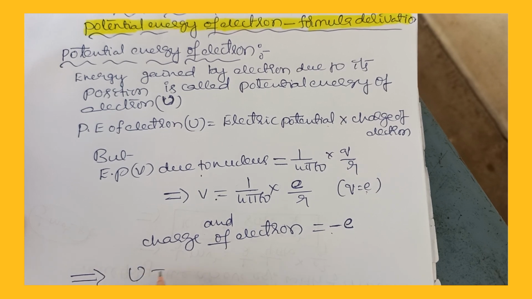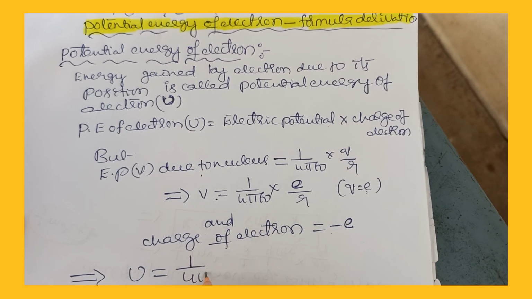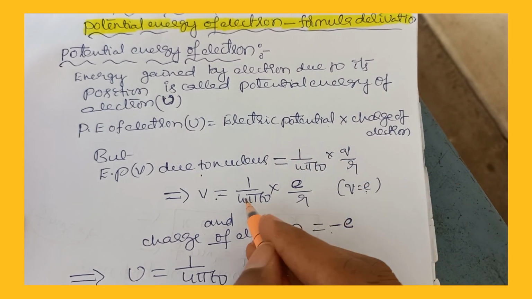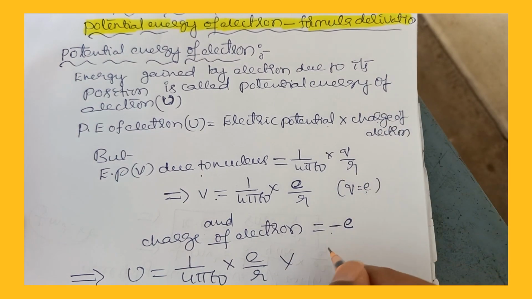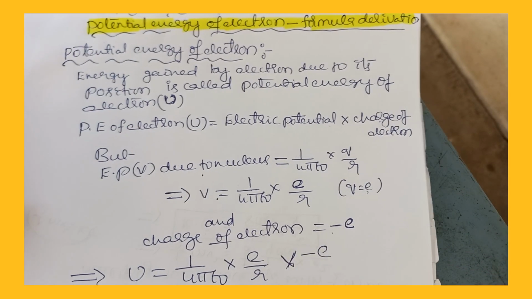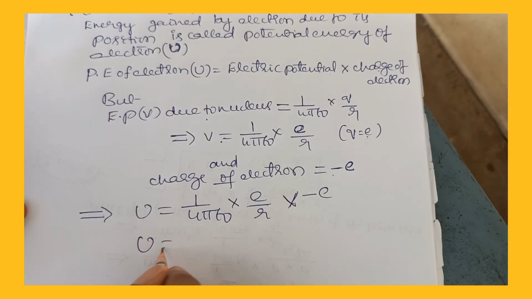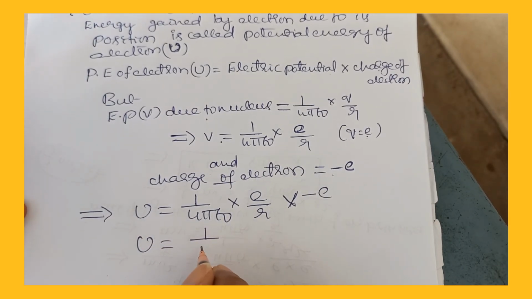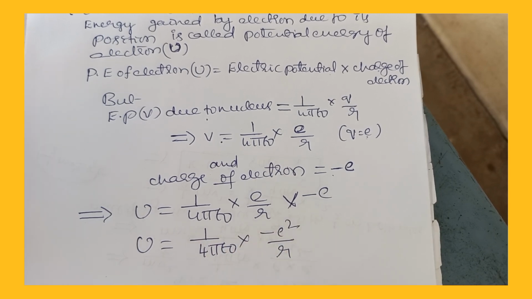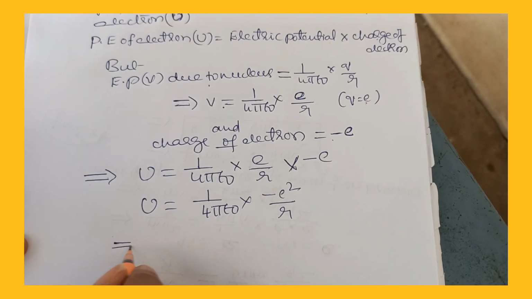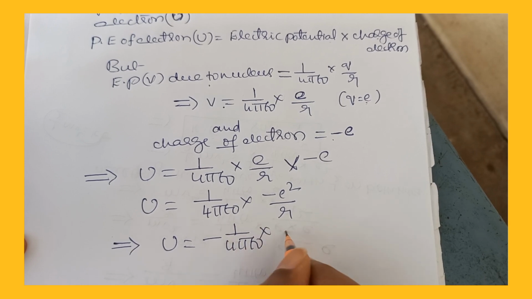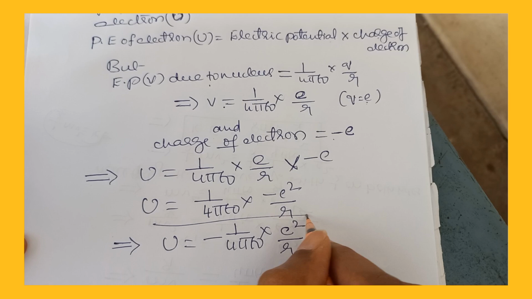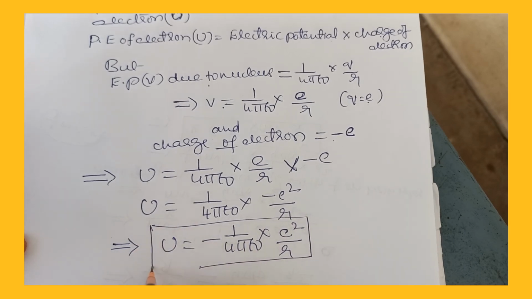So this implies U is equals to 1 by 4 pi epsilon naught, that is electric potential formula, E by R, into charge of electron, this is minus E. So U is equals to 1 by 4 pi epsilon naught into minus E square by R. So this implies U is equals to minus 1 by 4 pi epsilon naught into E square by R. So this is the potential energy of electron.